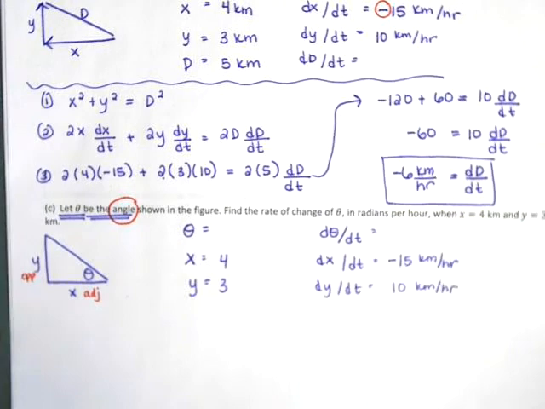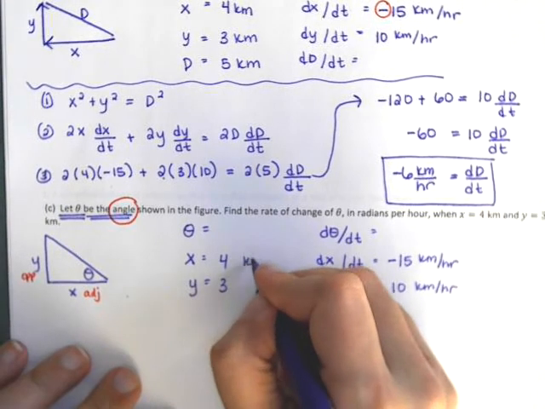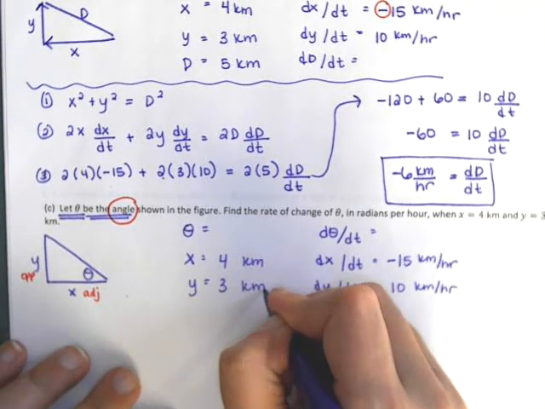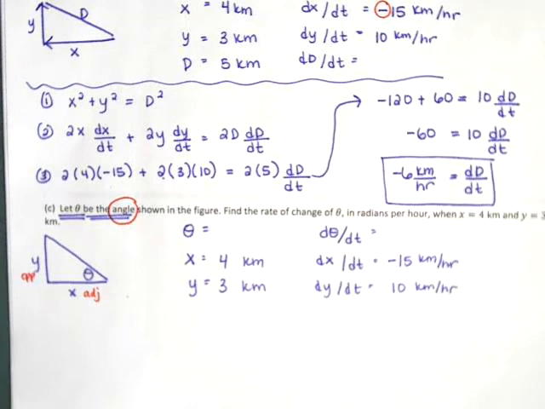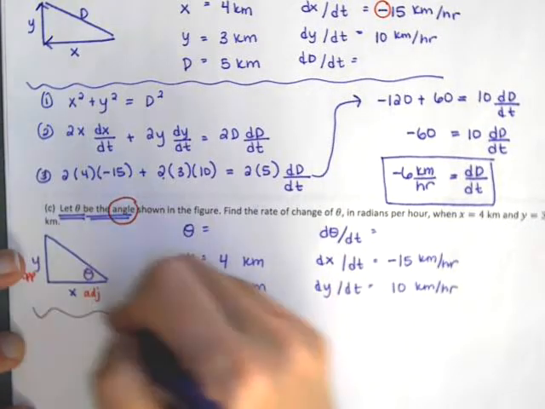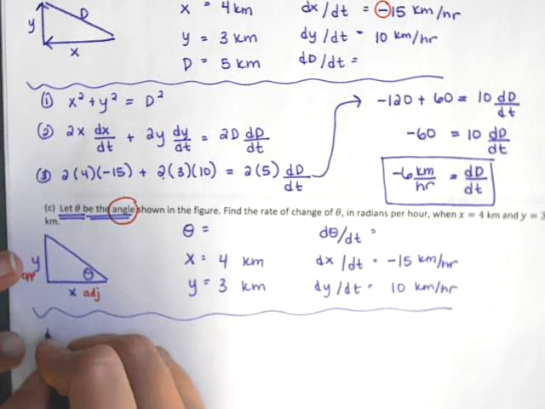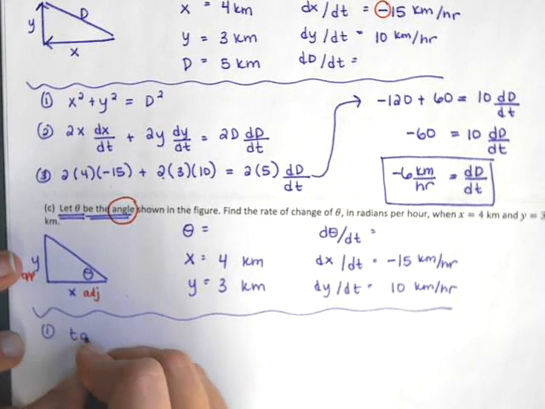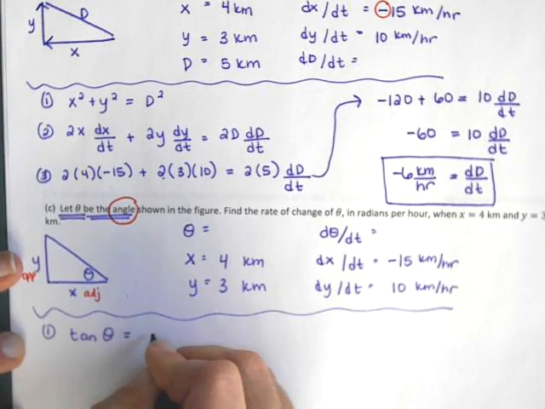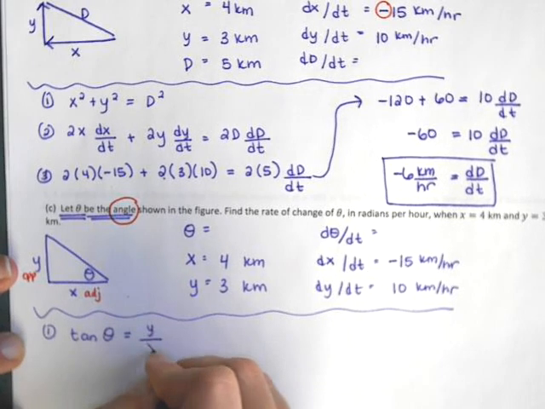This is all something that I've gone over because I already did the other 2 parts of the problem. Alright, so let's set up a formula here. We know that our formula for tangent would be that the tangent of our angle equals the opposite over the adjacent.